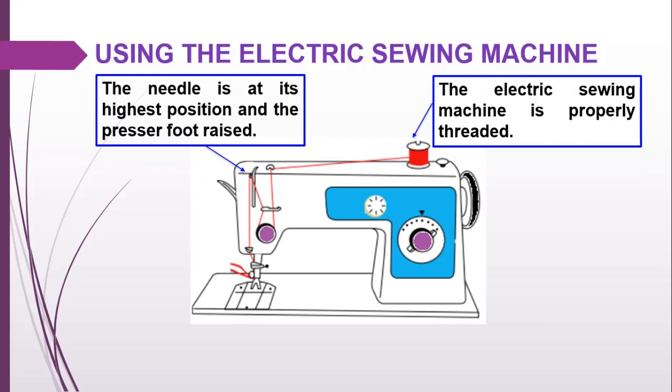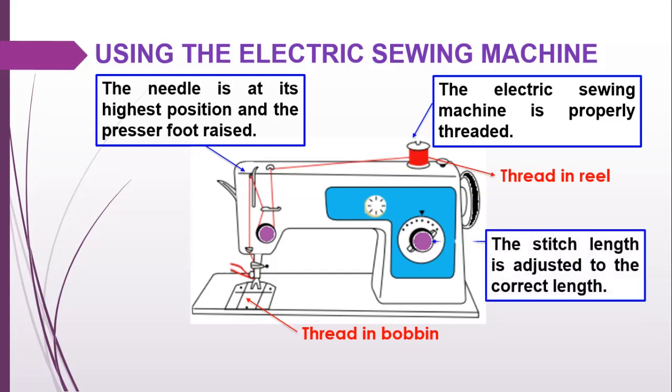You may refer to your grade 9 Technology Studies textbook on page 348 to understand the proper technique to thread an electric sewing machine. One important point to remember is that the thread in the bobbin should be of the same color as that in the reel.